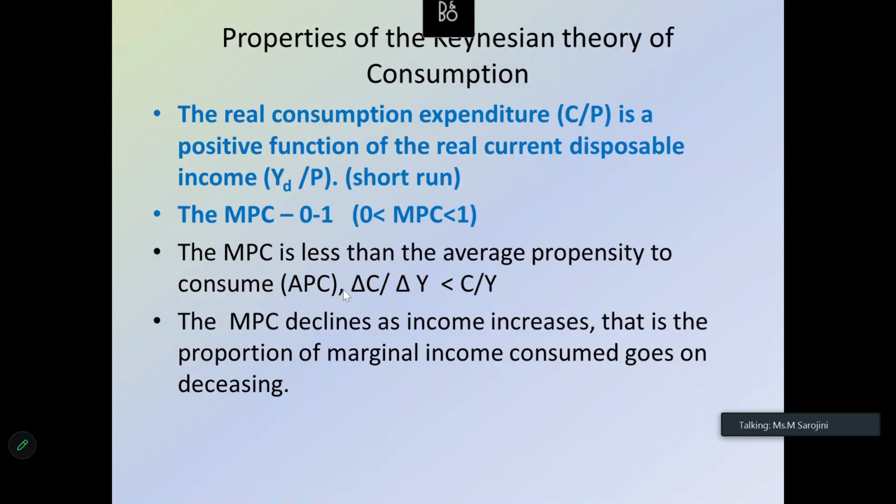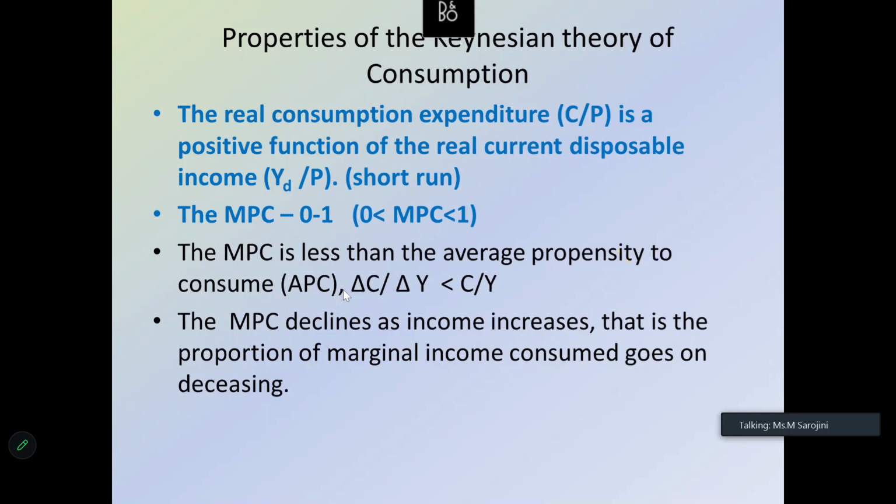And another one is the properties of the Keynesian theory of consumption. What are the properties? Real consumption expenditure is a positive function of the real current disposable income. That means consumption is a function of income, particularly in the short run.